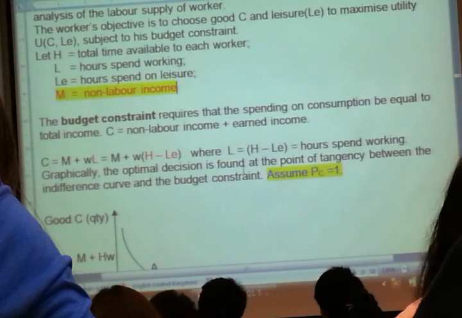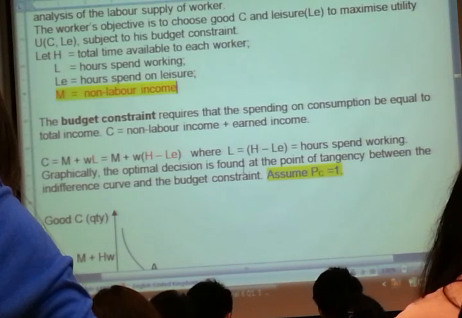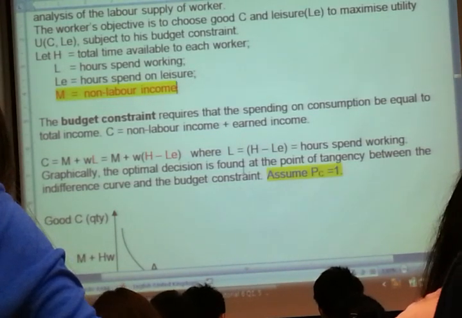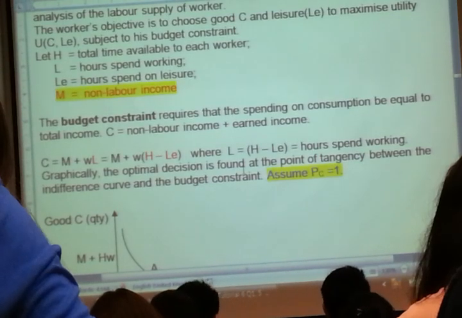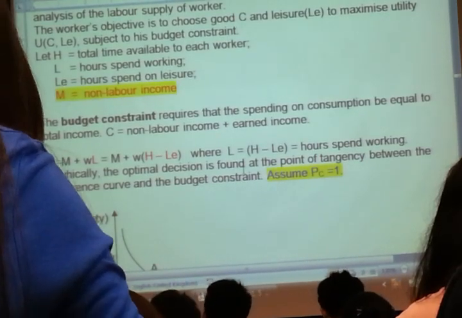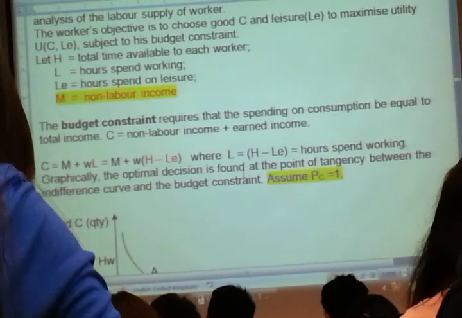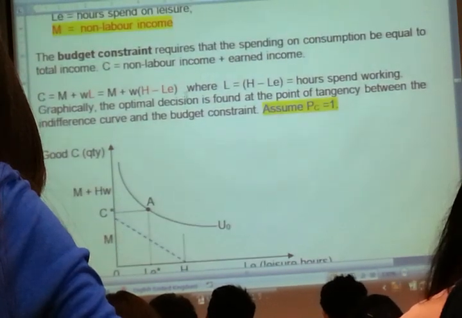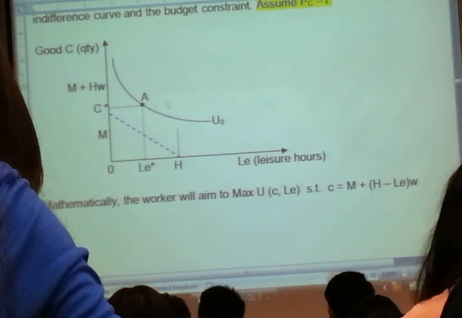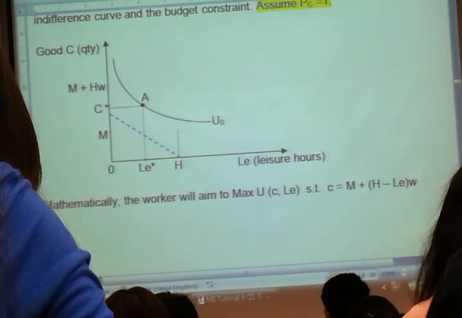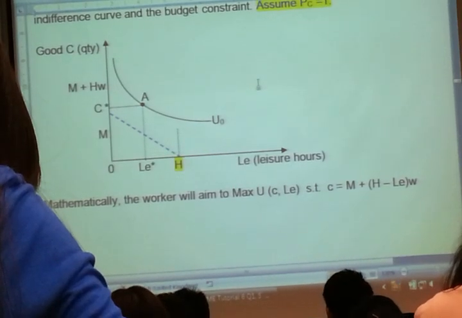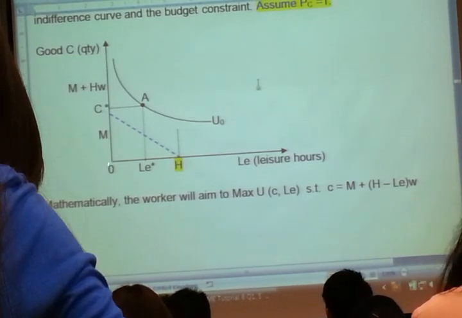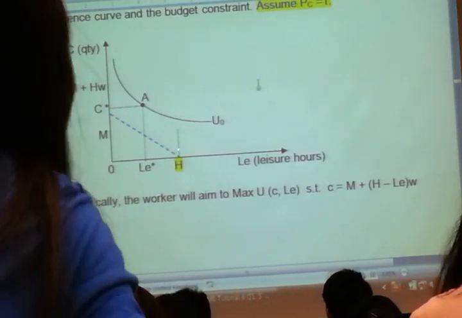In intro, we don't include this. In ME, we assume that people have non-labor income. That means this income is derived not from labor. From what? Wealth, inheritance, striking toto, striking lottery. You understand? So, in this case, when leisure is 24 hours, it does not mean you can buy 0 units of C. You don't start here.